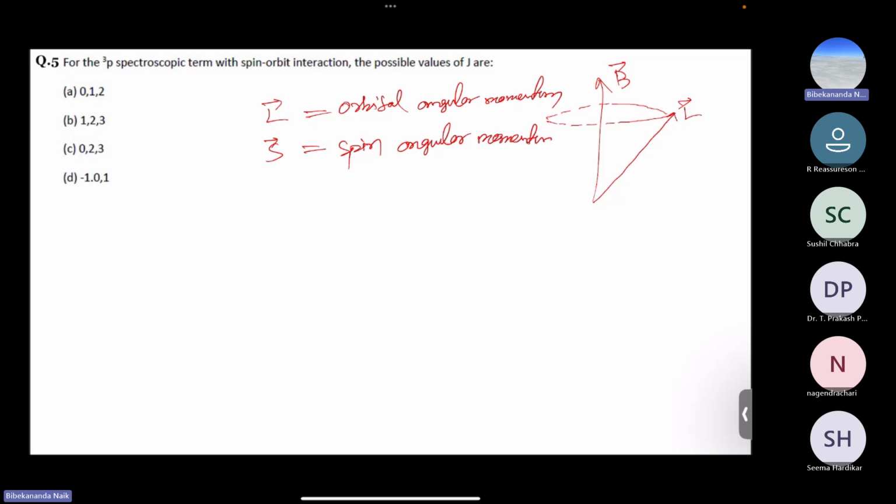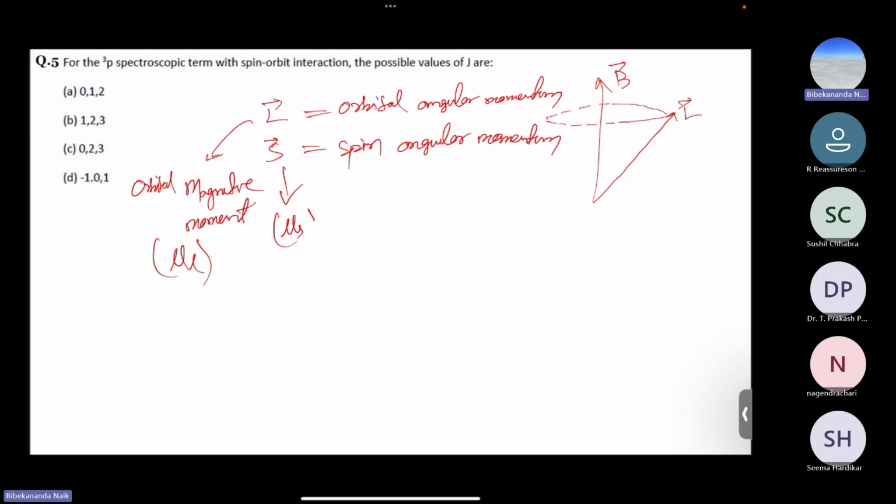Corresponding to the orbital angular momentum, there is an orbital magnetic moment mu L, and there is a spin magnetic moment mu S.